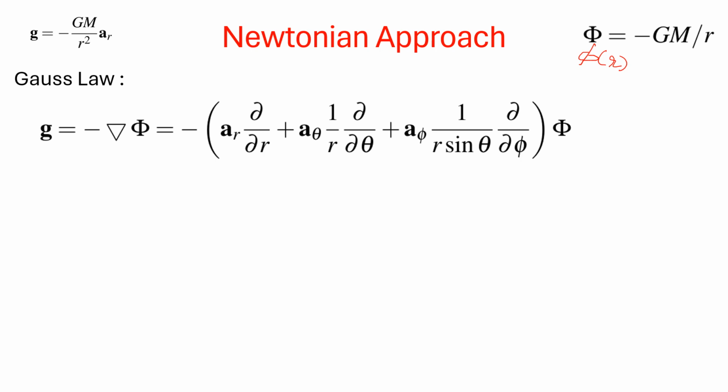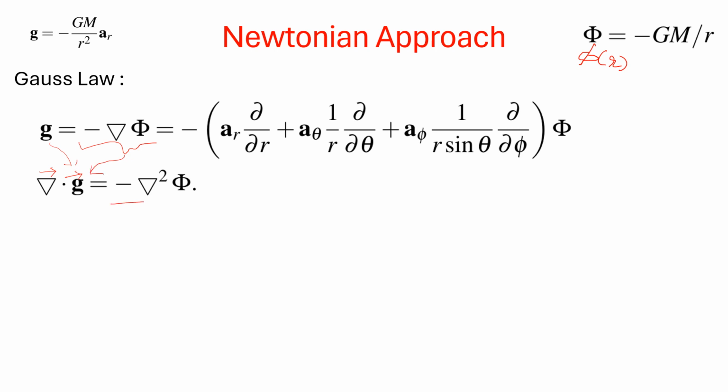That offers it a specific symmetry, and then we want to perform divergence of g, that is del bar operator operated on g bar, where this g bar is to be replaced by minus gradient of phi.